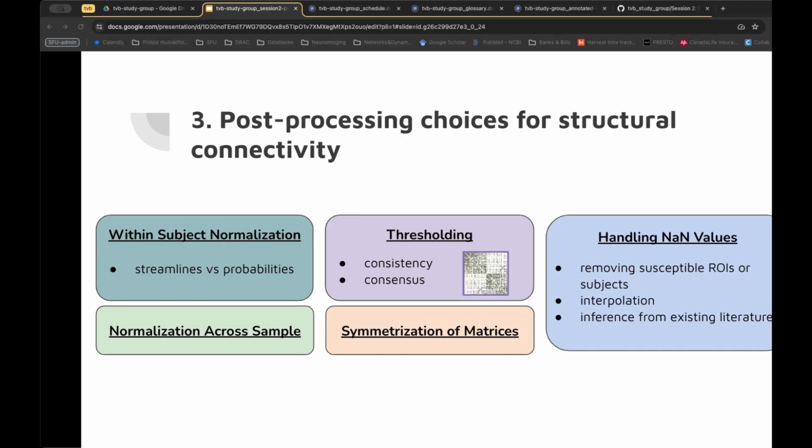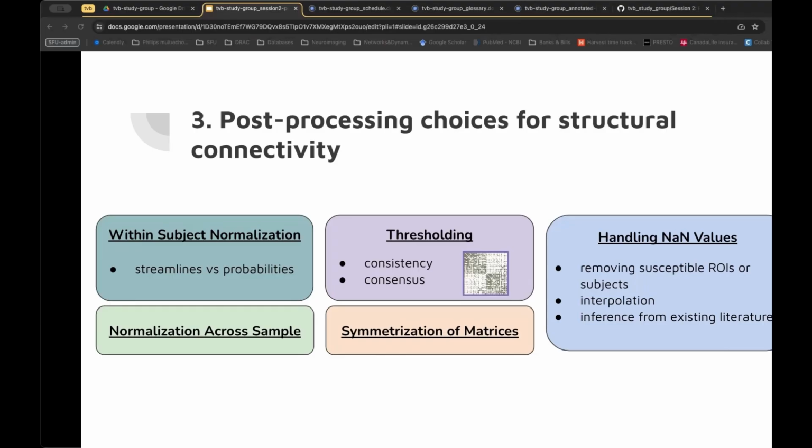And you can also take inferences from existing literature. If it's been established that a certain connection exists between two brain regions, and the connectivity strength is out there in the literature, you might consider manually inputting that into your matrix. These are all important choices that there's no one answer for, and it really depends on your research question and approach.